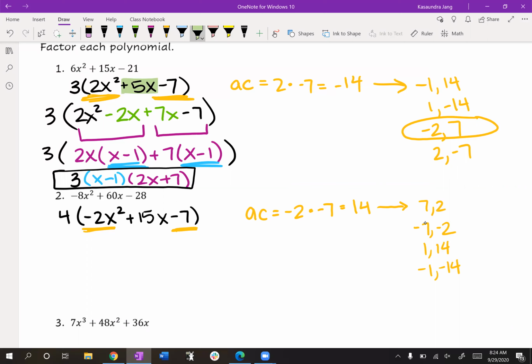Are you going to go with the 7 and the 2, -7, -2, 1, 14, -1, -14? Which group are you going with? So you go with the -1 and the -14. Okay, if you go with those ones, it should add up to a +15, which actually, I think those add up to a -15, so you're close.